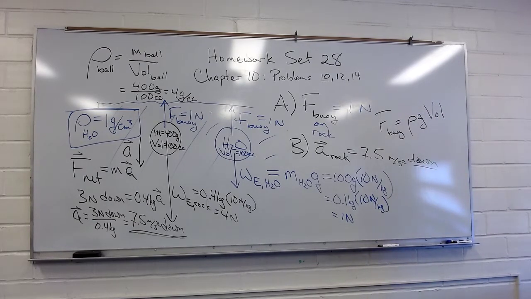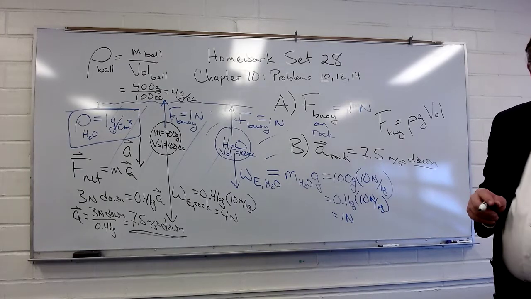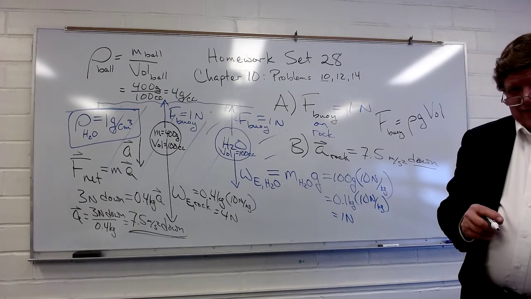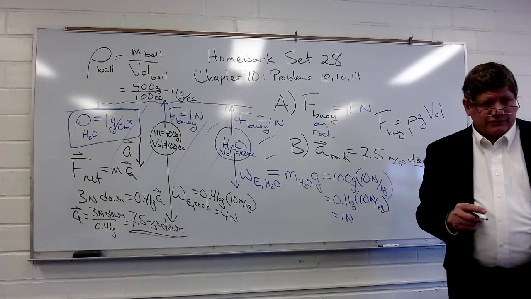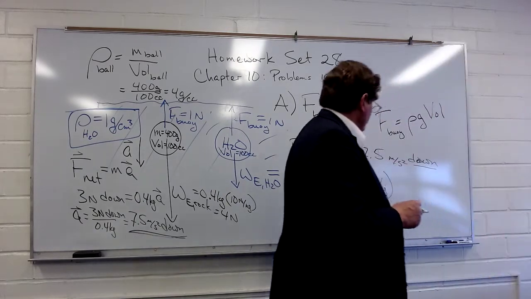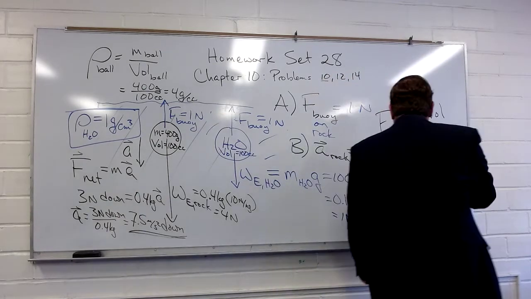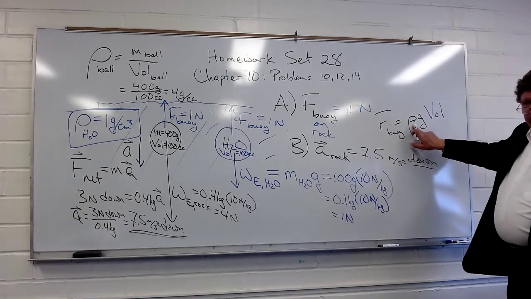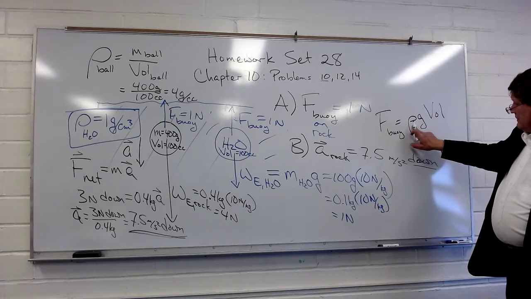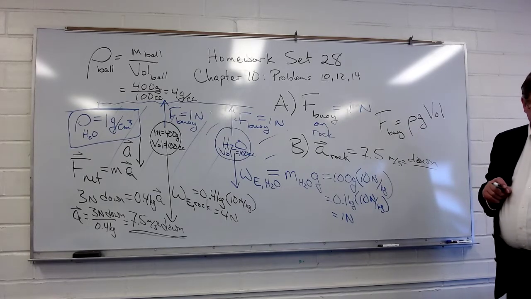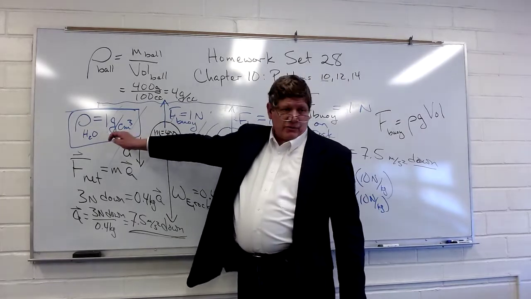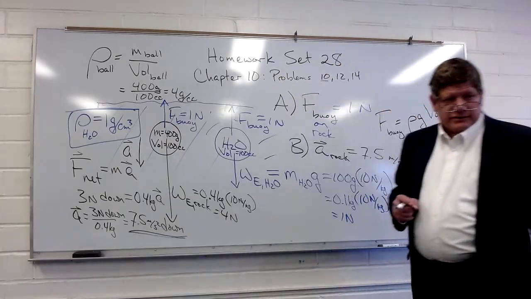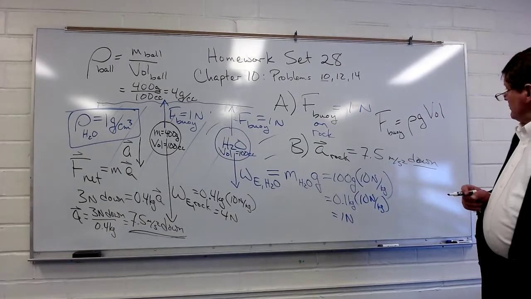Well, that formula is true, but if used incorrectly, it's going to give you an answer that's 1,000 times too big every time. And that's because we tend to use densities that are in units of grams per centimeter cubed, because it's so handy to work with liquids with those units.